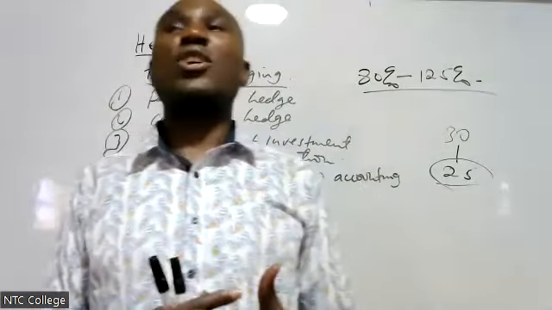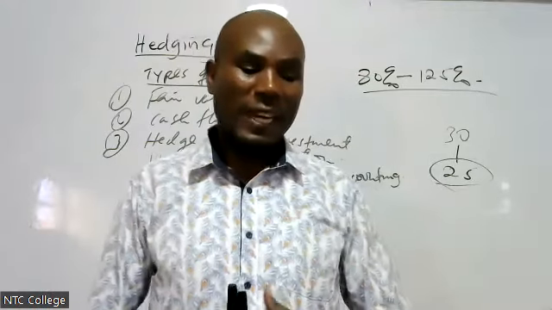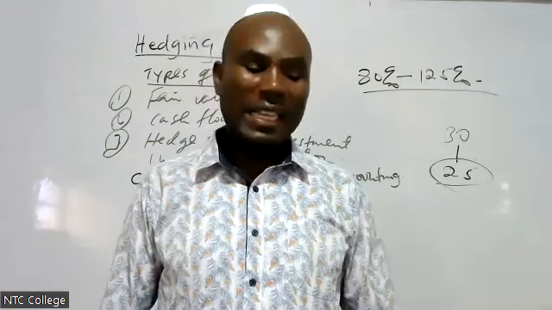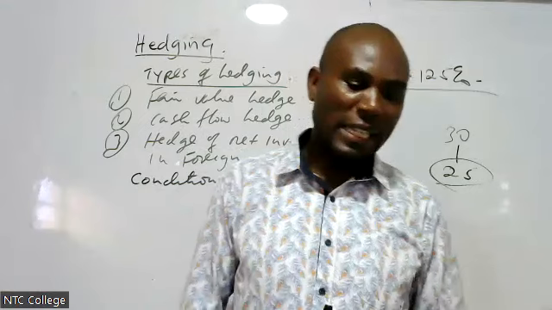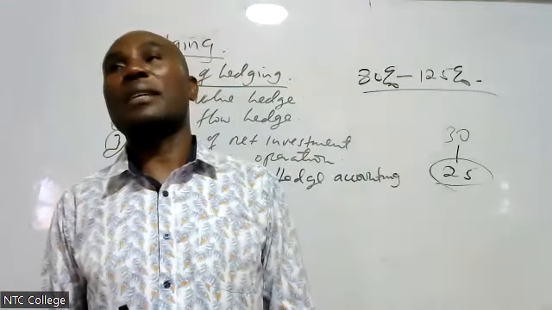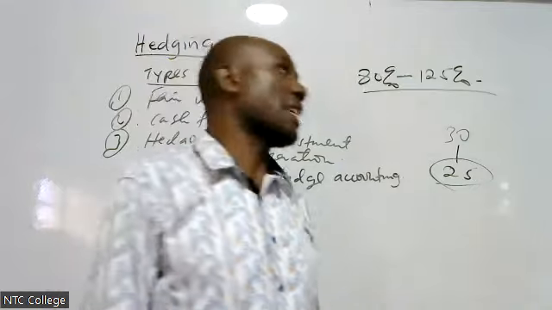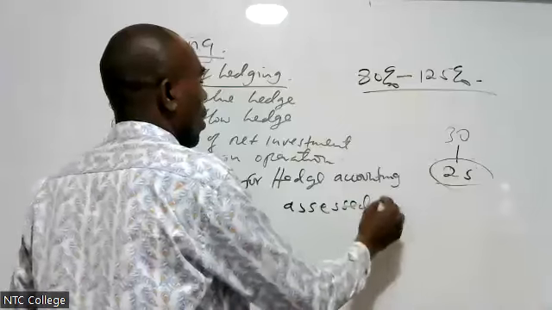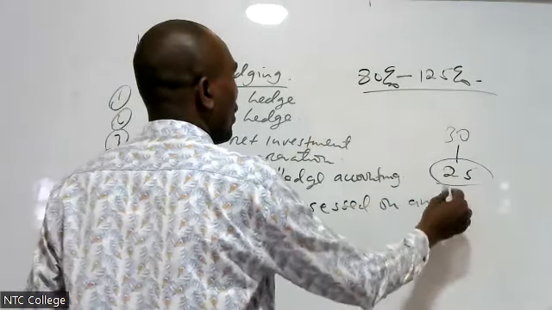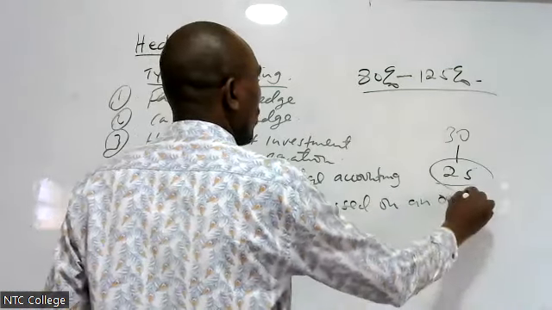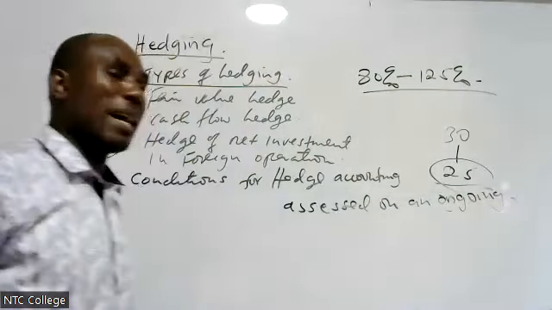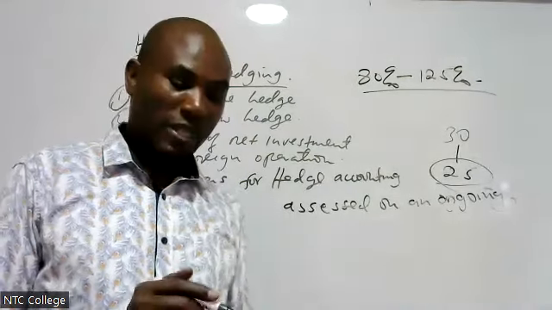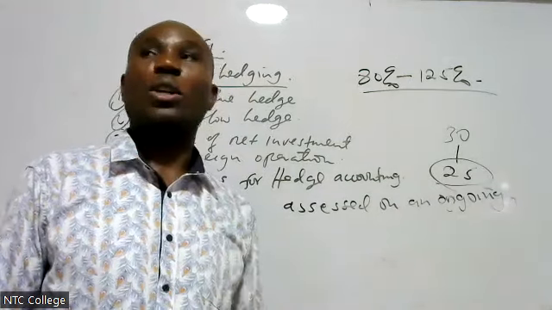Then we go to condition number 4. Condition number 4 is that the hedge is assessed on an ongoing basis, and it must have been effective during the reporting periods. It must be assessed on an ongoing basis, therefore frequently.